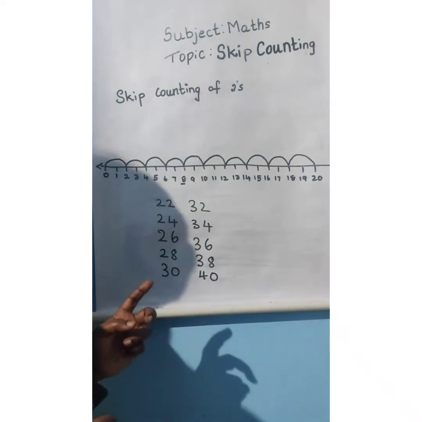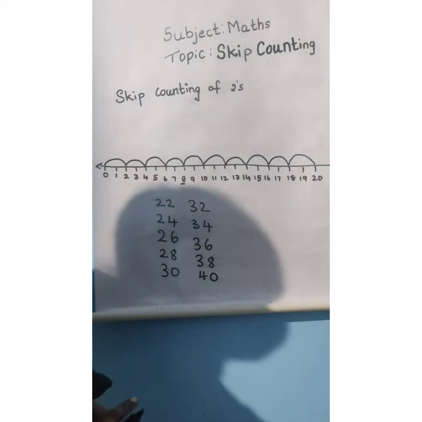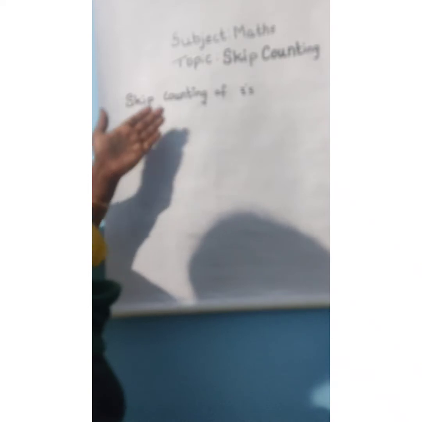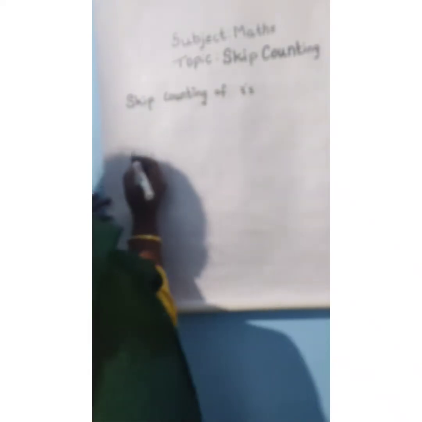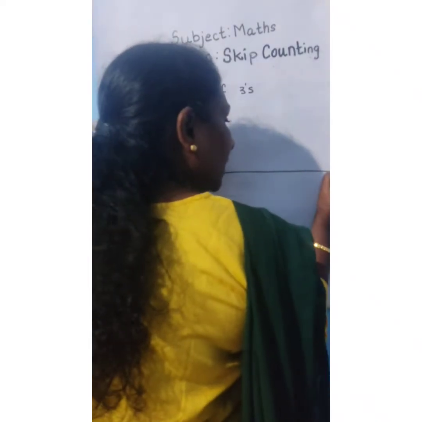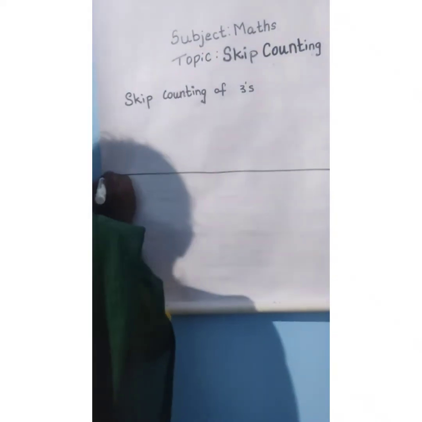Okay, next we will go for skip counting of 3s. So the next is skip counting of threes. Same way with the numbers we will use, children. Draw the straight line and write the numbers from 0.